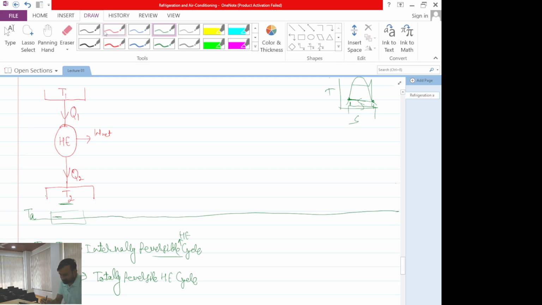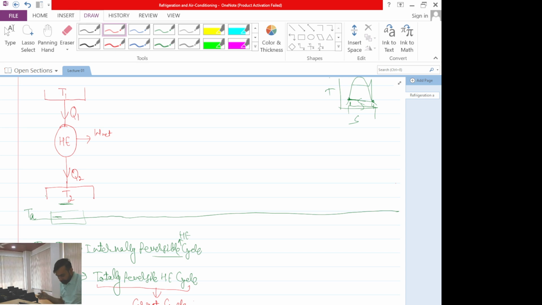Now, what is the popular name of the totally reversible heat engine cycle? Carnot. So this is nothing but a Carnot cycle. Of course, I will be explaining in detail, but you can get some hint from here itself why the Carnot cycle is not possible: because it will take an infinite amount of time for the heat transfer process.